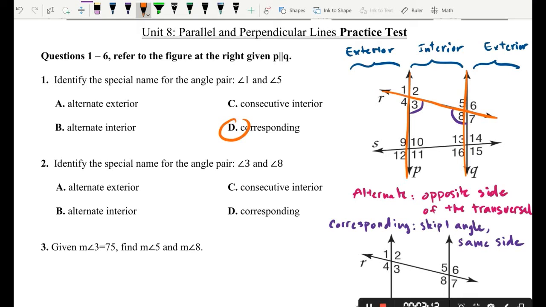However, they're not across from each other, they're on the same side. So that is consecutive interior angles. Consecutive means next to each other. That is C.